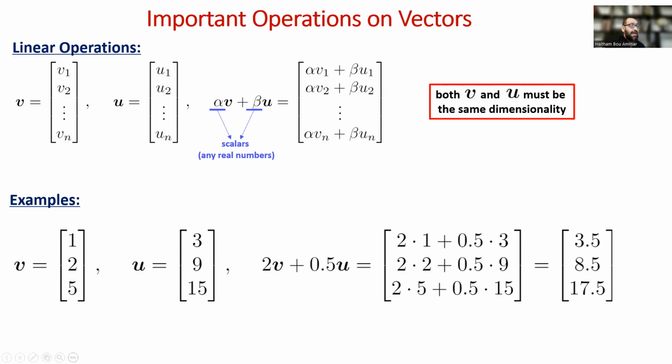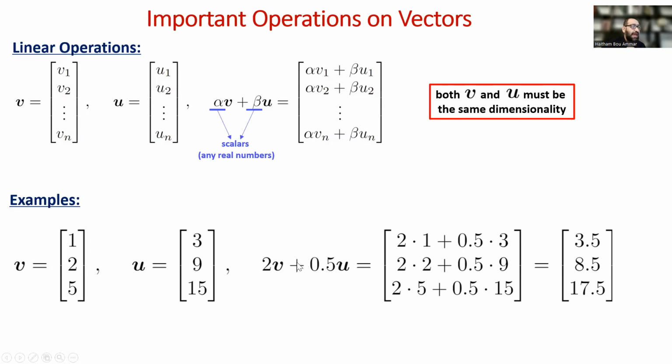And now imagine my alpha is 2, so I'm doing 2v, and my beta is 0.5. So first of all, I'm going to take 2 and multiply by every component in that vector v. So I will take 2 multiplied by 1, 2 multiplied by 2, 2 multiplied by 5.